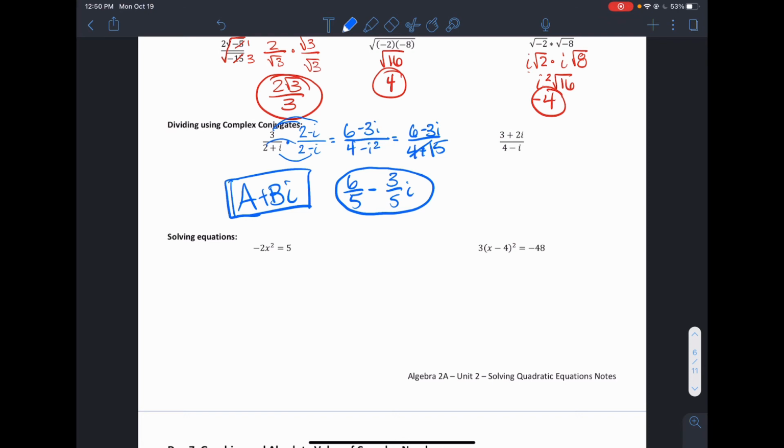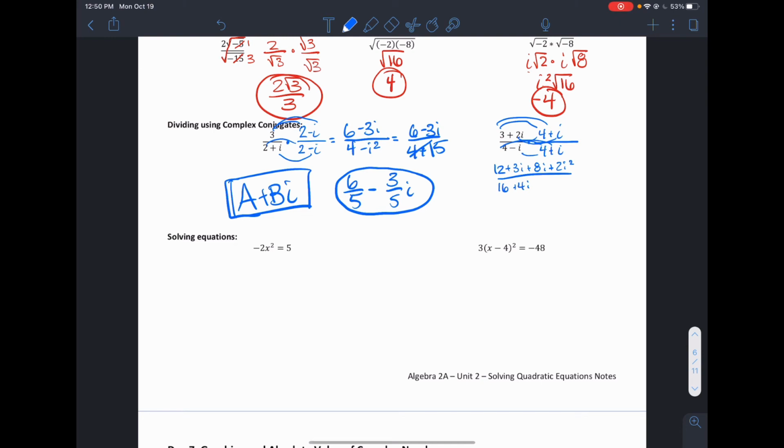I can do the same thing here. So my conjugate here would be 4 plus i. 3 times 4 is 12. 3 times i is plus 3i. 2i times 4 is plus 8i. And 2i times i is plus 2i squared. All over. 4 times 4 is 16. 4 times i is 4i.